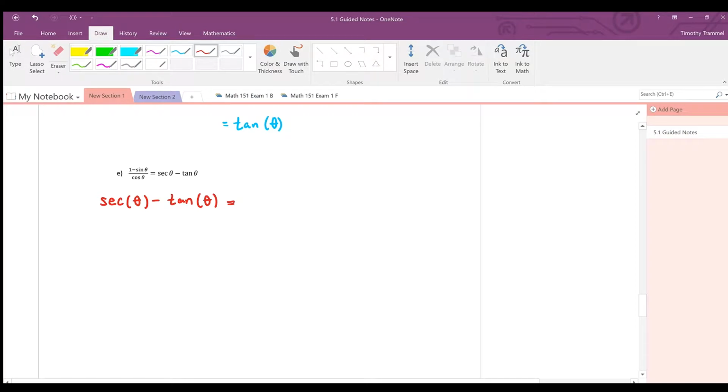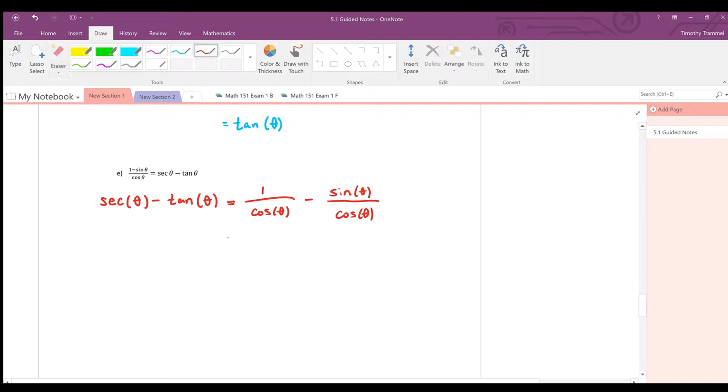We know that we can rewrite both of these as quotients. So secant of theta is 1 over cosine theta. And tangent of theta is sine of theta over cosine of theta. And now note, these have the same denominator.